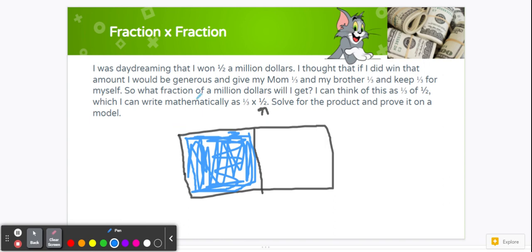Okay, now to show one third, well, the reason why I don't split it up into thirds like this, and I could, but now I'm showing this is in sixths, right? I haven't shown it in thirds.